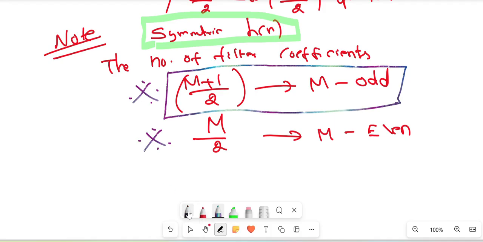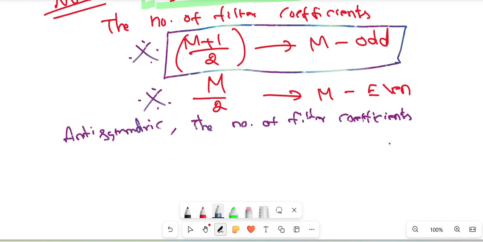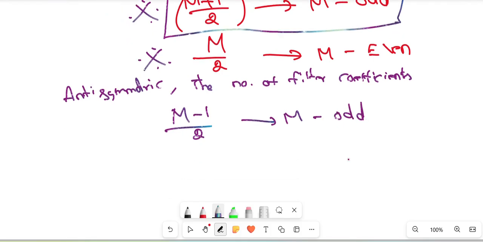On the other hand, if it is an antisymmetric condition, for M odd and M even, the number of filter coefficients will be (M minus 1) by 2 for M odd and M by 2 coefficients for M even.